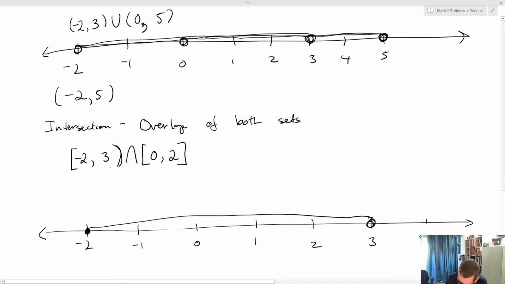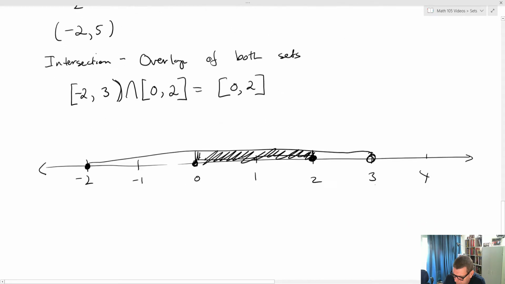Then we go from 0 to 2. What you want to notice is that the intersection is going to be the overlap of both sets. The thing that's included in both the -2 to 3 and the 0 to 2 is the set 0 to 2. That's your overlap.